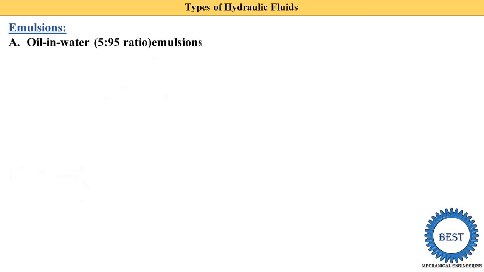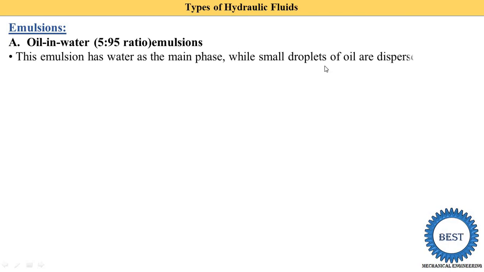First one is oil in water. Oil in water means 5% oil is used and 95% water is used. Emulsion means it is a mixture, so a mixture of oil and water is used. Proportion of oil is 5% and the proportion of water is 95%. These emulsions have water as the main phase, that is 95% water, while small droplets of oil are dispersed in it.